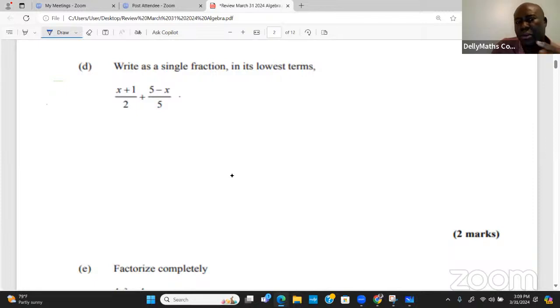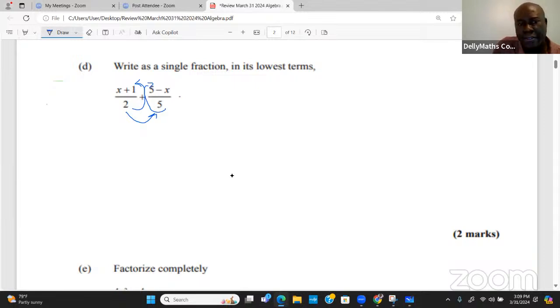So basically, with a cross multiplication, this 2 will multiply by that binomial. This 5 will multiply by this binomial. And then the denominator will be 2 times the 5. We can do that.